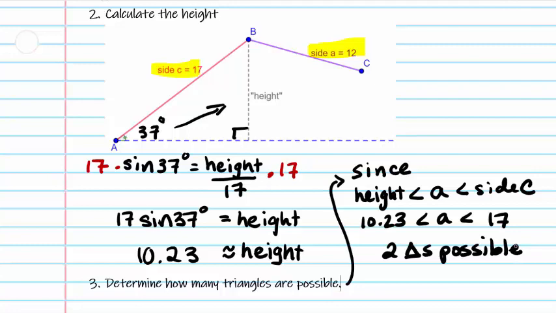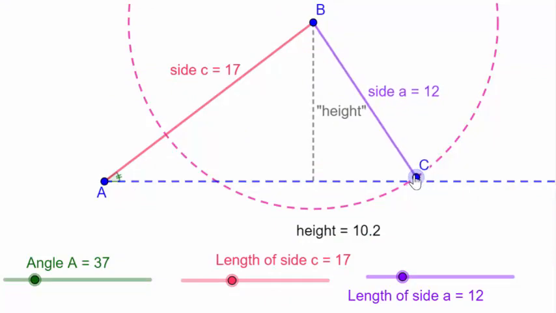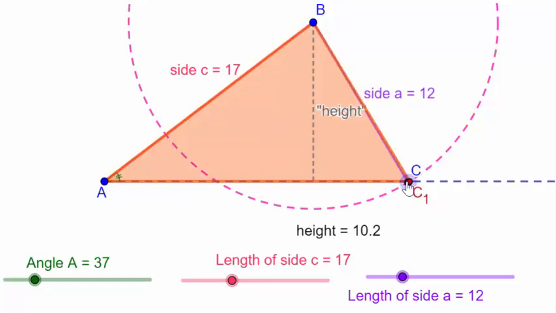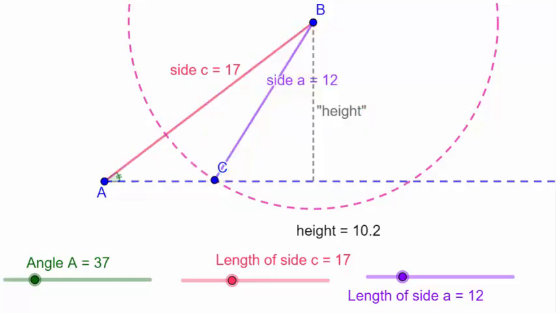And we'll do a quick visualization of that with GeoGebra once again. So as you see here, as you move point C around a distance of 12 away from point B, there are two separate locations where it will hit the ray that makes up angle A, giving us this purple-blue triangle and that original orange triangle that you saw at first.